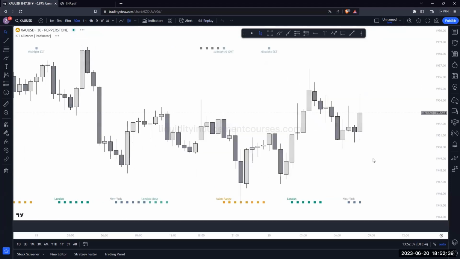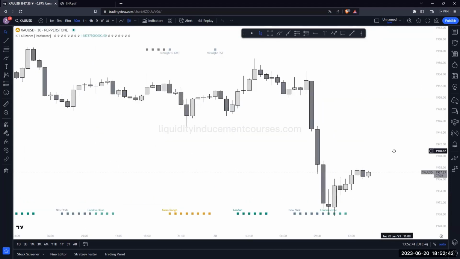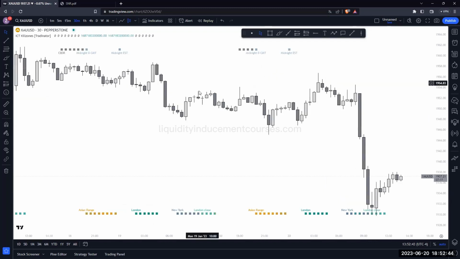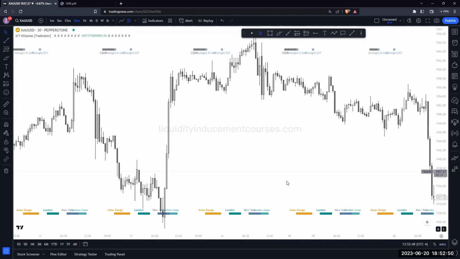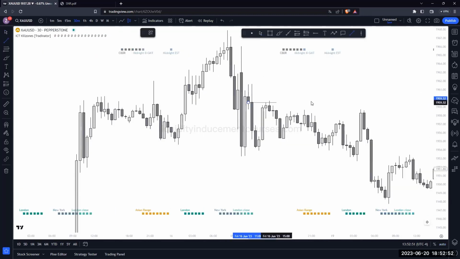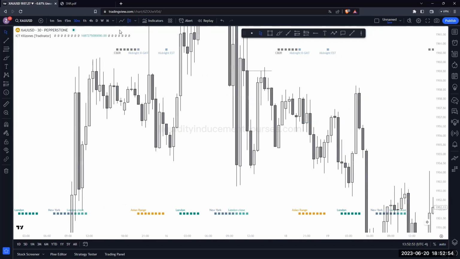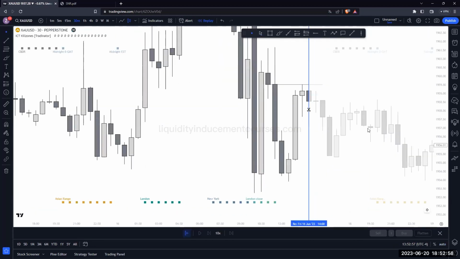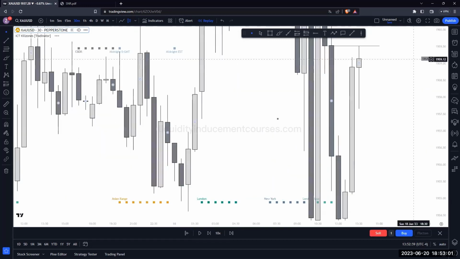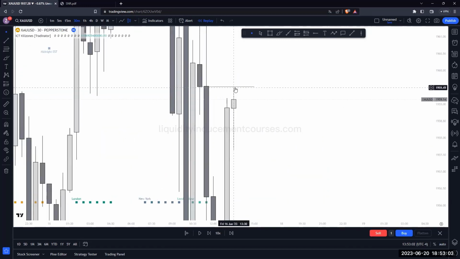Now let's look at M30 and M5. Let's look at some examples. M30 level.